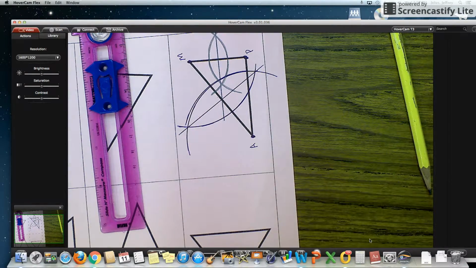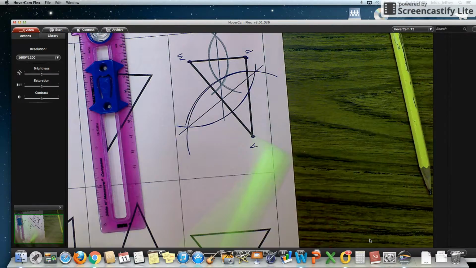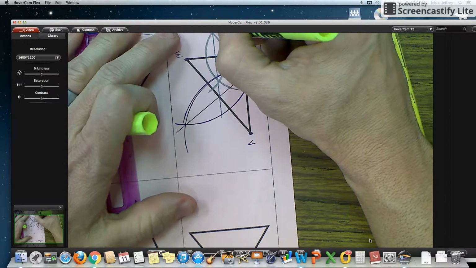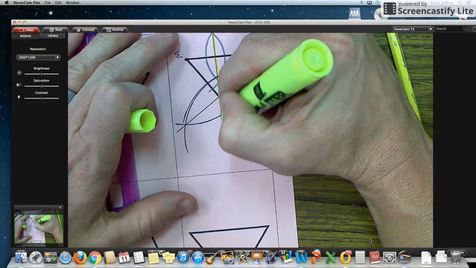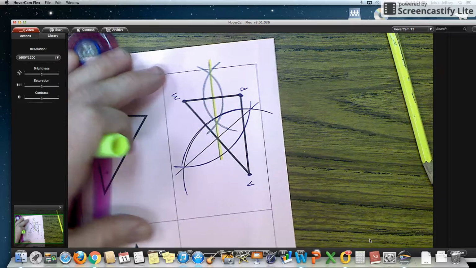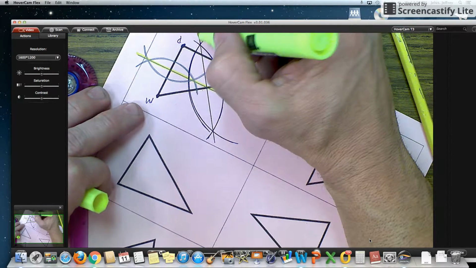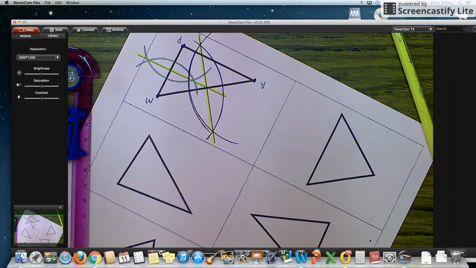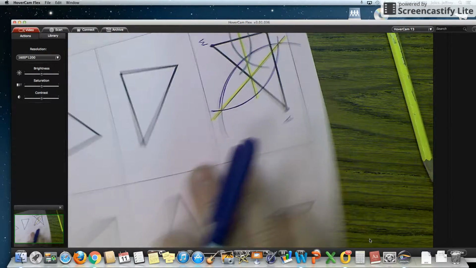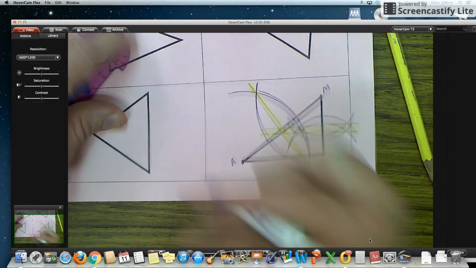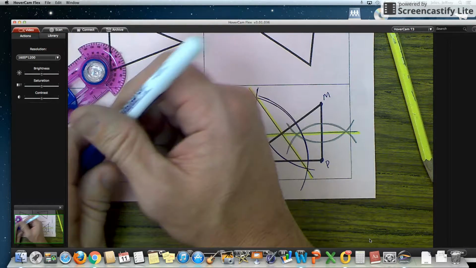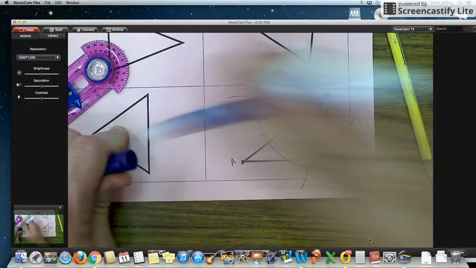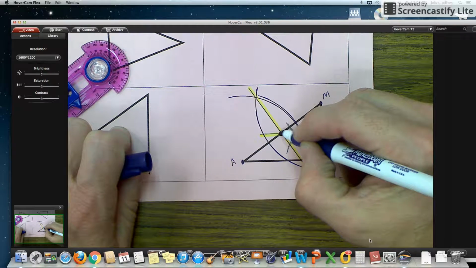Excuse me for that. And now I'm going to highlight my perpendicular bisectors. The second one I did, sorry. The first one I did. And then figure out where those two line segments intersect. And those two line segments intersect right there.